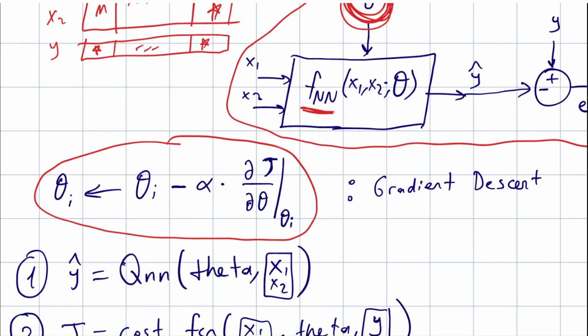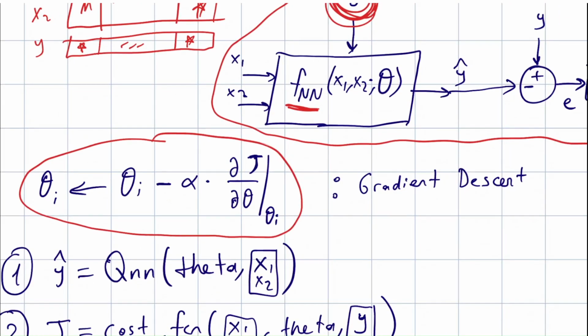And here this is your current theta, and this is your alpha. You can call it the learning rate, something like 0.1, 0.01, or 0.001. And this J indicates cost. You will basically take the derivative of J with respect to theta.